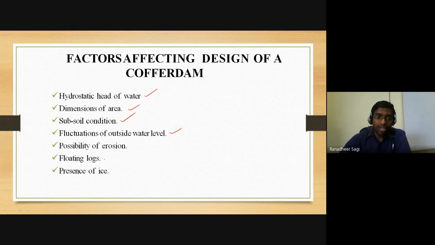And do you have any floating logs, like wooden pieces or anything else, floating on the surface of the water in the region where you are going to construct your cofferdam? Or do you have any presence of ice, which is static in nature, or ice which is floating?